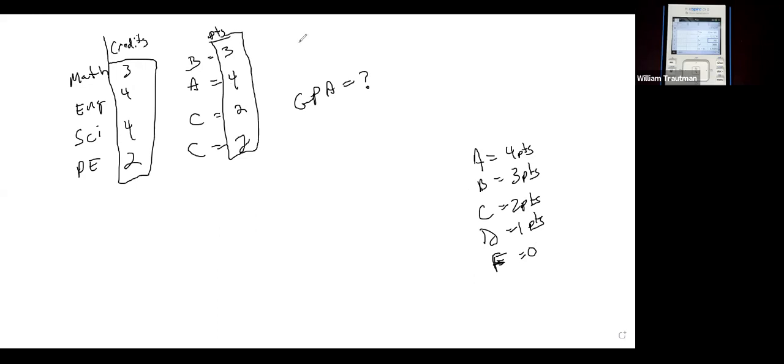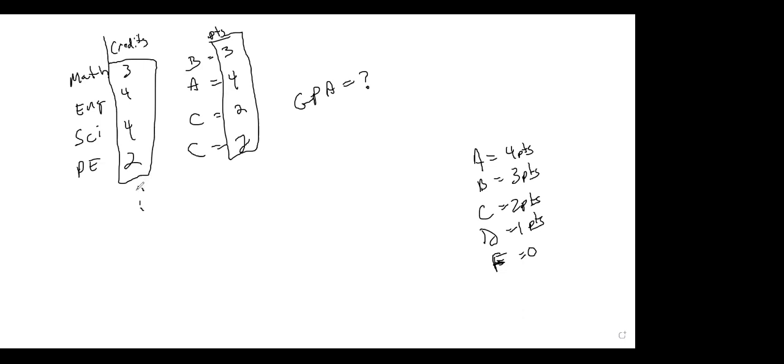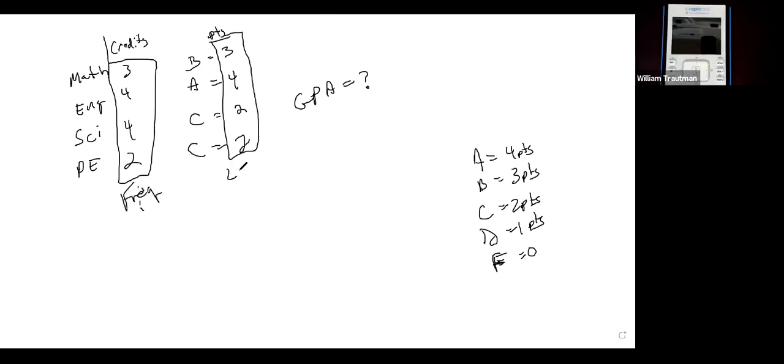But the question is, which one is the frequency and which one was L1? Does anybody remember we did this GPA problem? Is the credits the frequency and the points you get the L1? Yes. I just want to make sure everybody, you can go back and find that in your workbook.